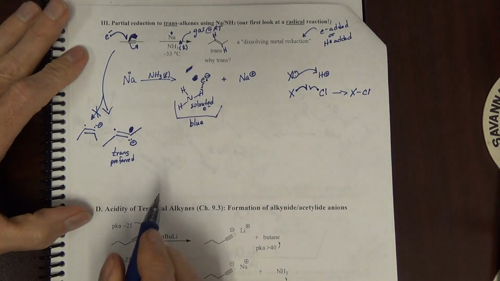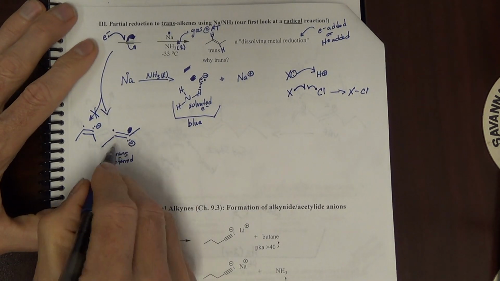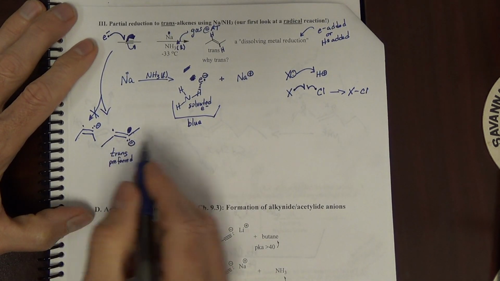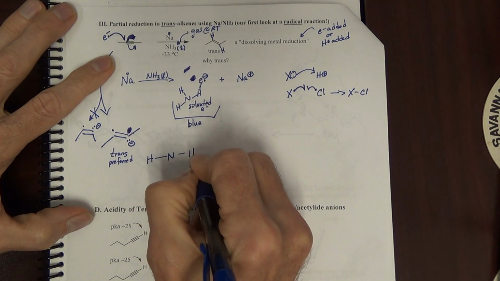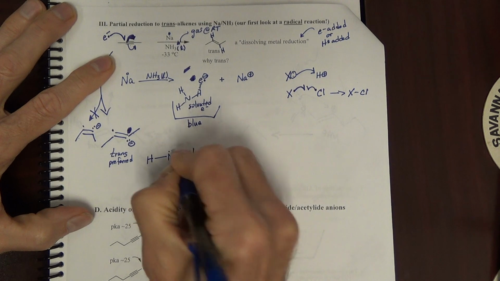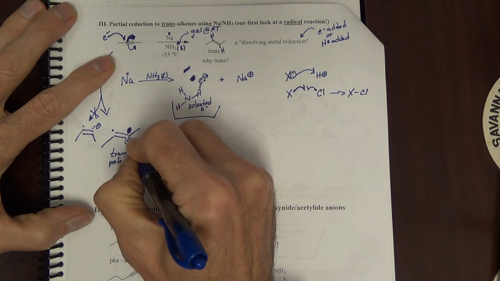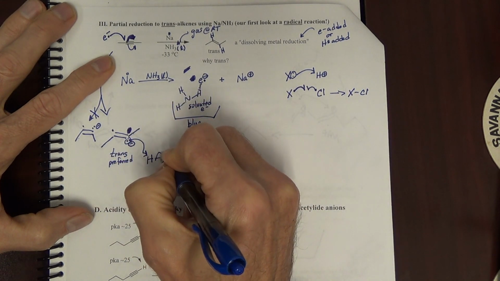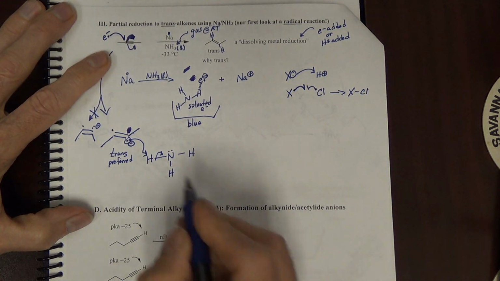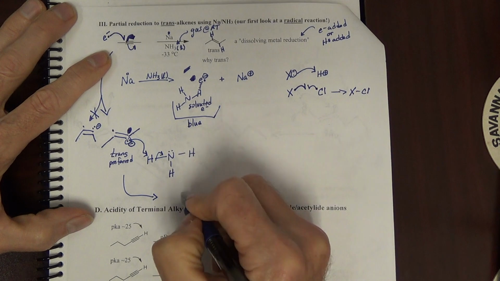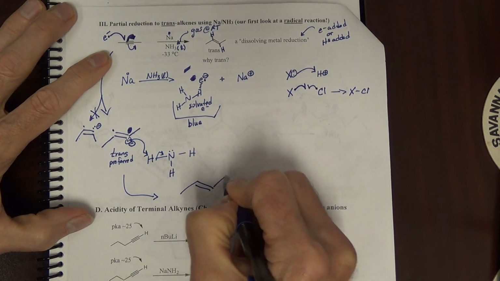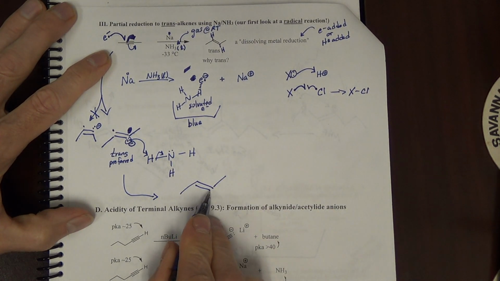Okay, at this point, this is a reactive carbanion, and it takes an H from ammonia. So these electrons bond to the H, these electrons move here. This is just a standard acid-base reaction. And that's going to give, what's bonded to this carbon now?